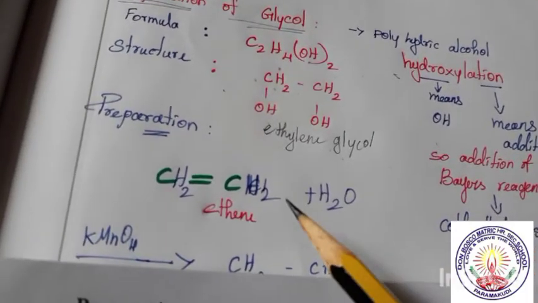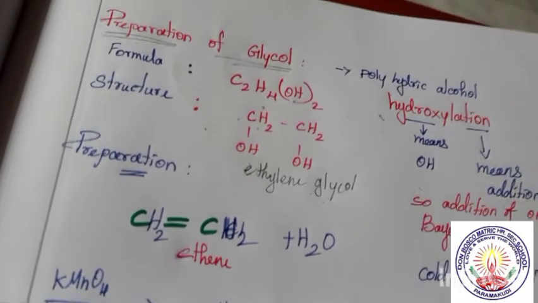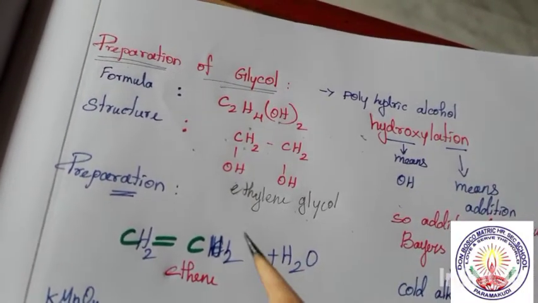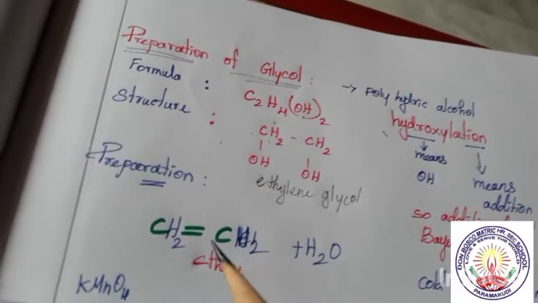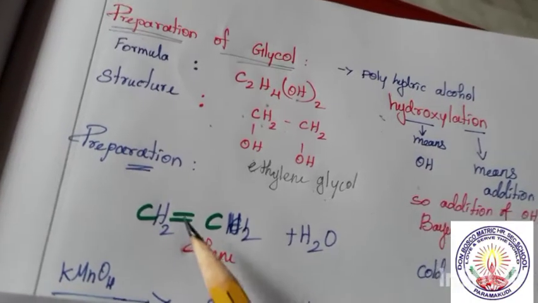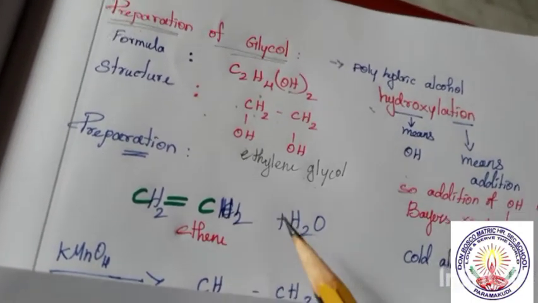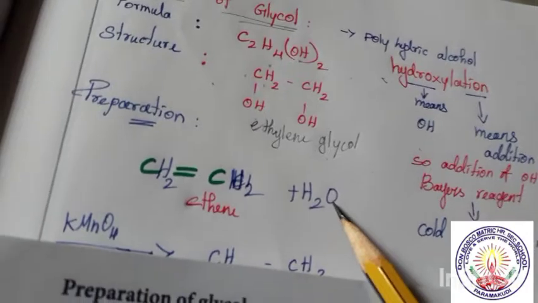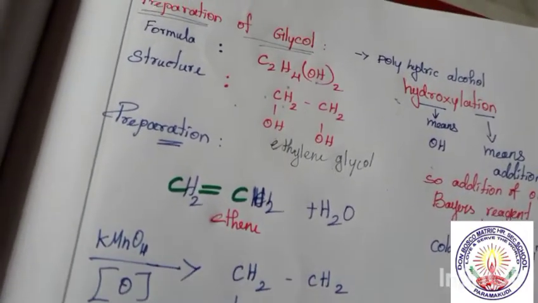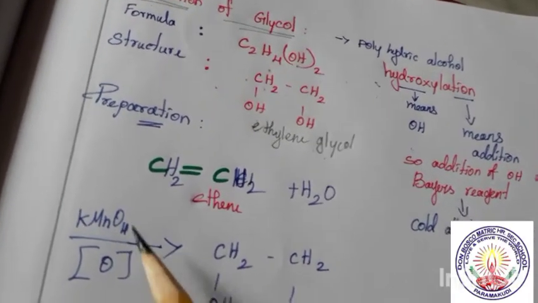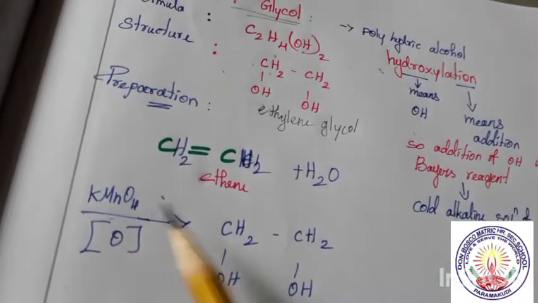Now we shall see the preparation. So this is having 2 carbons. So we have taken ethylene, that is CH2 double bond CH2. So we are adding water to this and we have taken Baeyer's reagent, that is KMnO4.